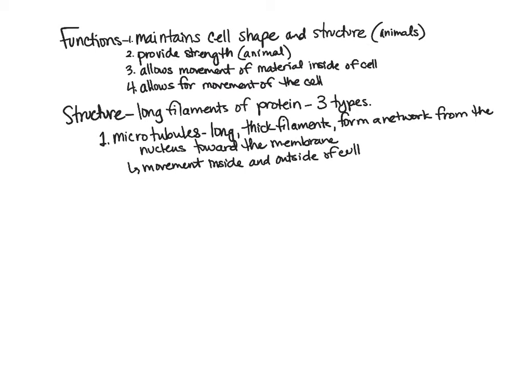These are little motor proteins, so they act as roads for motor proteins that hold cargo and walk along the microtubules. So some of these motor proteins are kinesin and dynein.